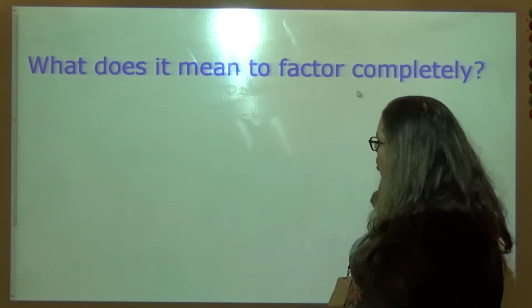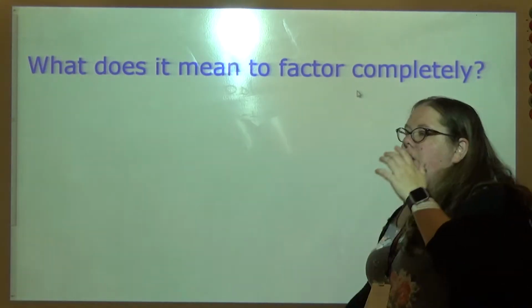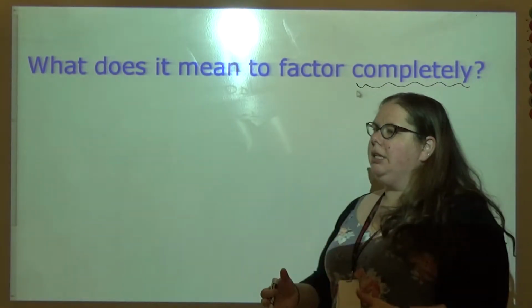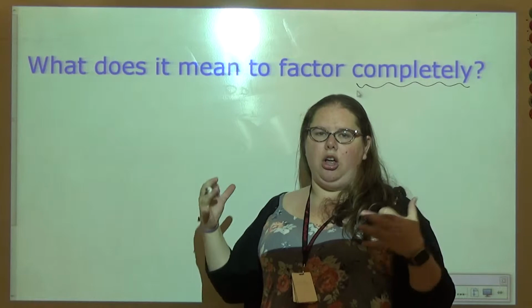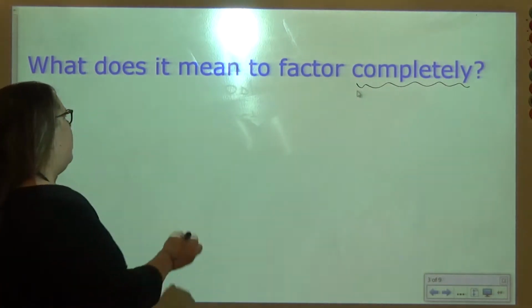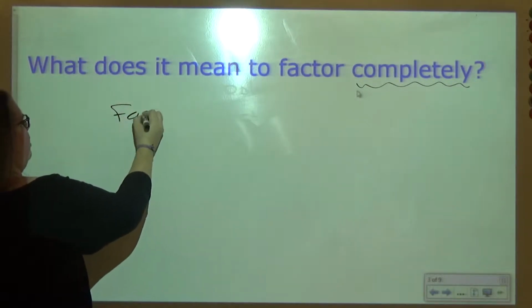Alright, what does it mean to factor completely? So think about completely. Completely means all, right? All the way. So factoring completely typically means factoring more than once.